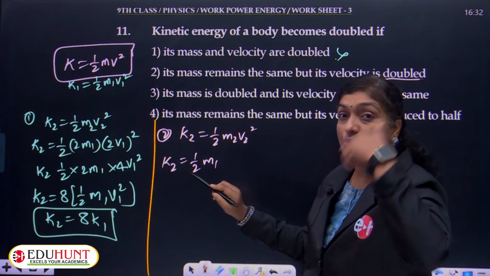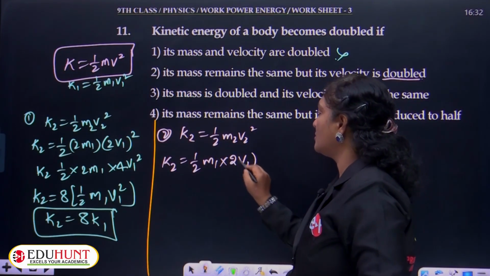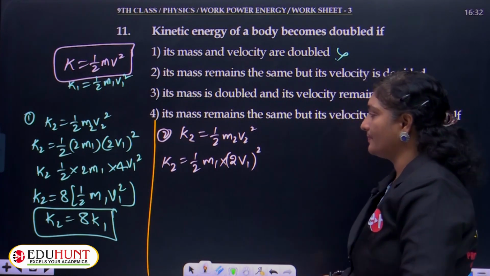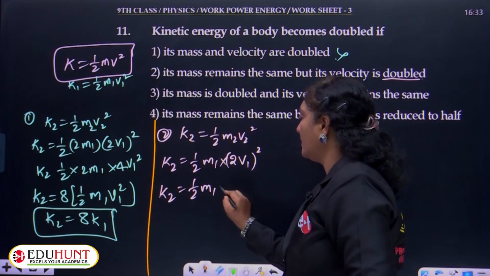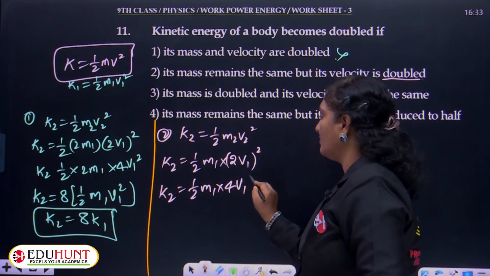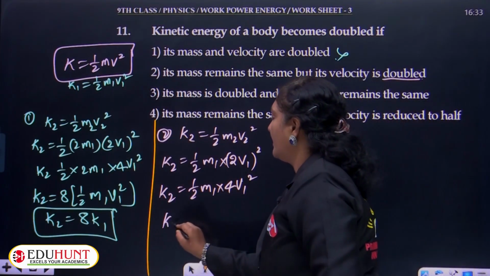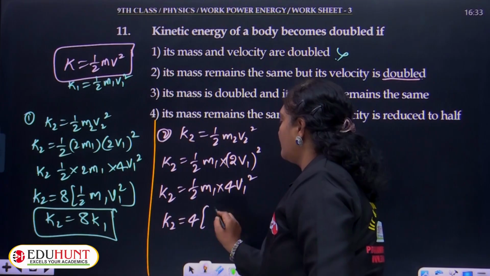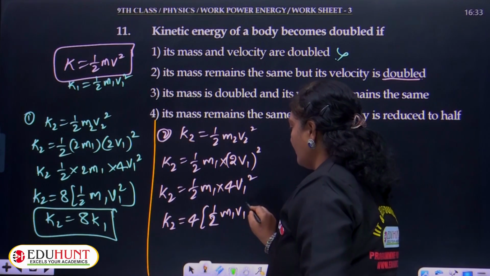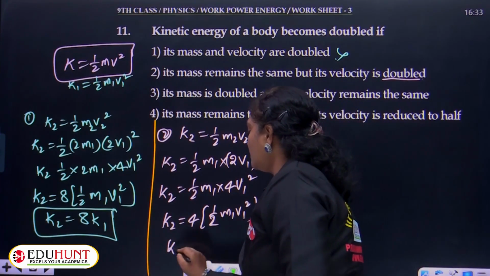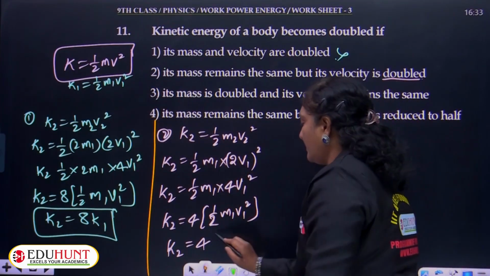So v2 is equal to 2 times the old velocity. So instead of v2, I have to replace it with 2 times the old velocity. So K2 is half m1, 2 square is 4, v1 square. Bringing the 4, K2 is equal to 4 times half m1 v1 square, and half m1 v1 square is nothing but K1.